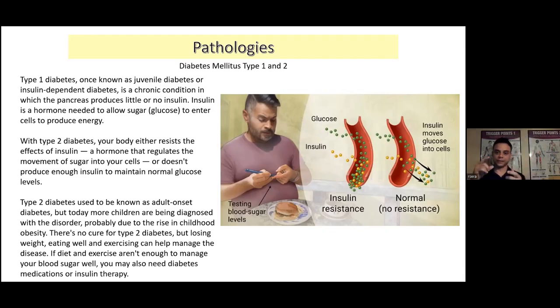If you do have a type 1 diabetic, sometimes they have a device on their body that will monitor and apply insulin when needed. I'm pretty sure they can take that off, so it might not be on them when you're performing the massage, but just in case it is, consider that it might be there.